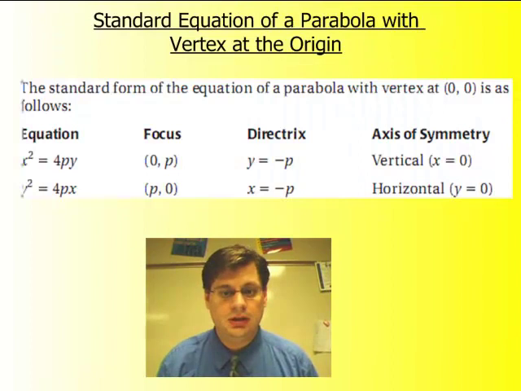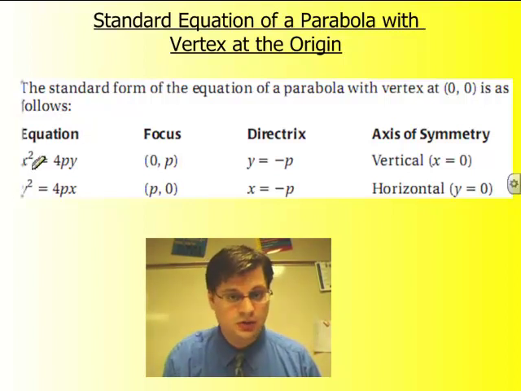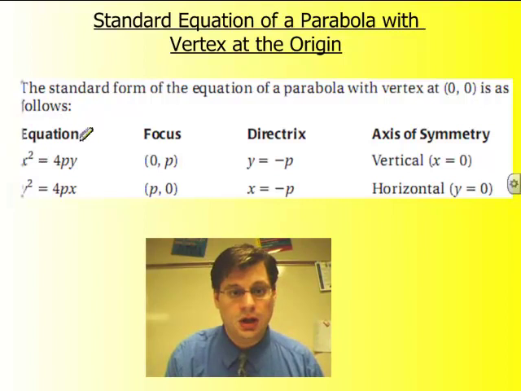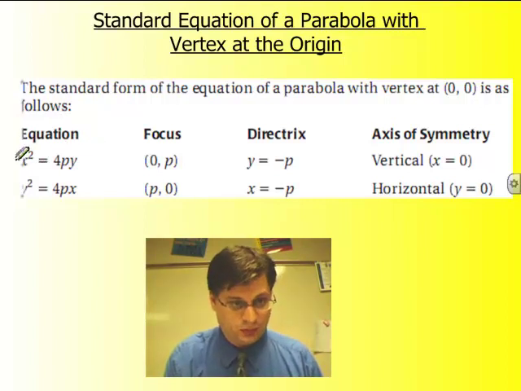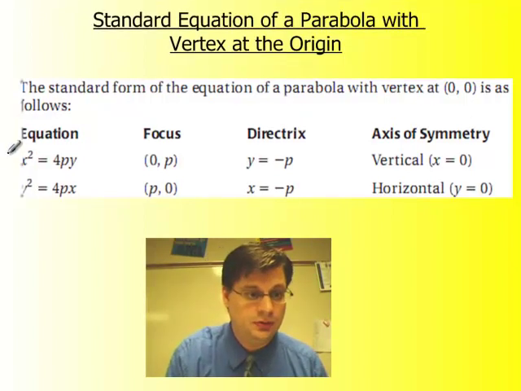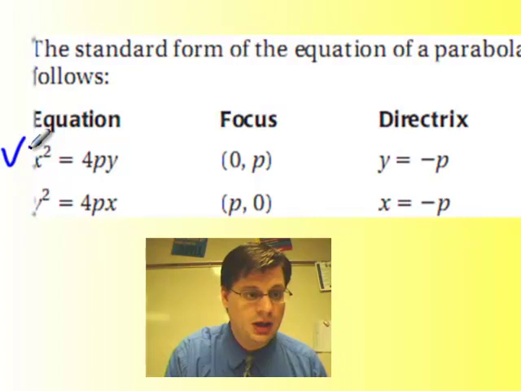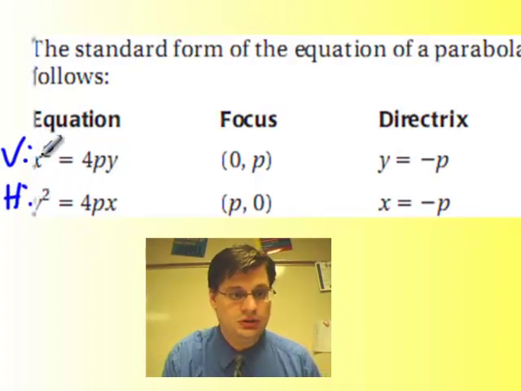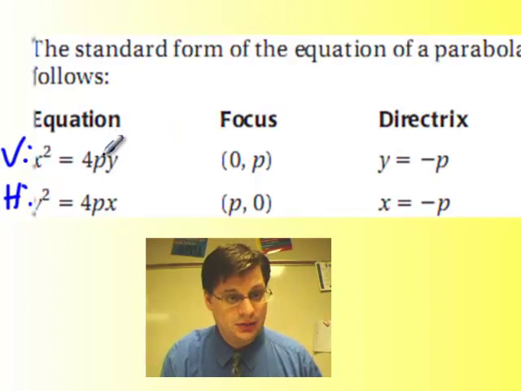So these are four things you need to know for these types of parabolas. You need to know what the equation is. The top row is for your vertical parabolas, and this is for your horizontal ones. The vertical ones are the ones that open up and down.